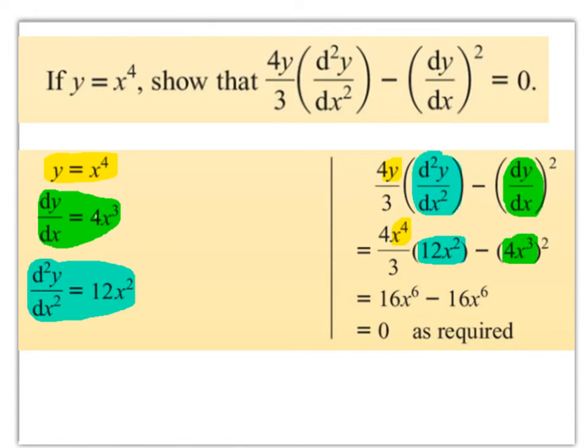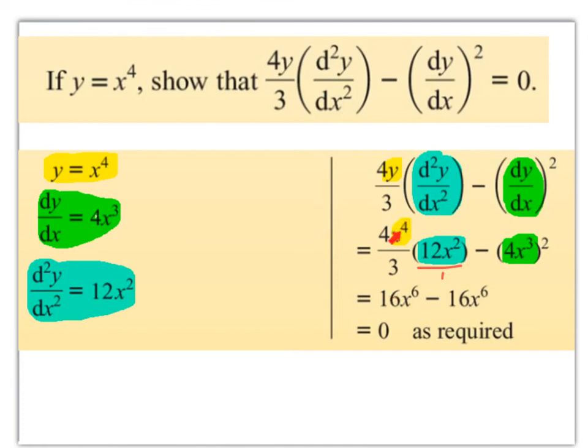Then we simplify. So 4x to the power of 4 over 3 multiplied by 12x squared. Well, 12x squared is the same thing as 12x squared over 1. So we do top by top, bottom by bottom. So 4 by 12 we get 48. 48 divided by 3 we get 16.